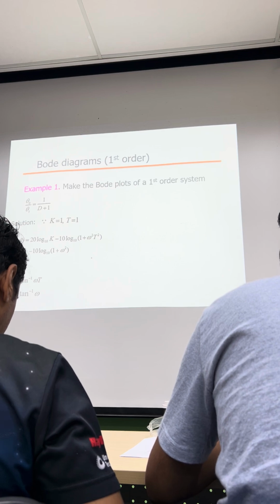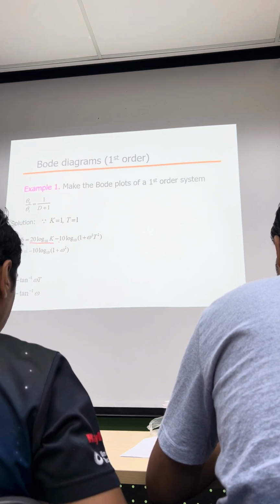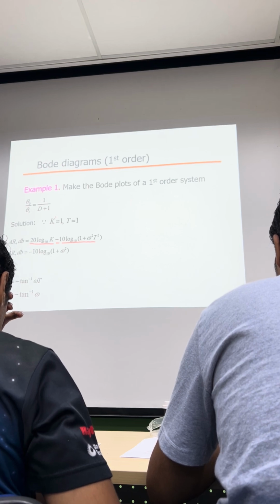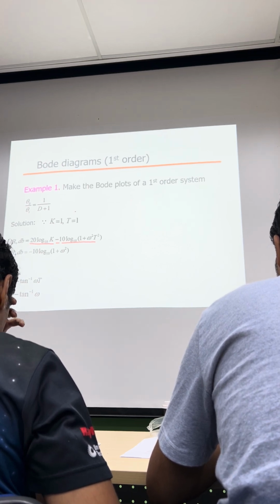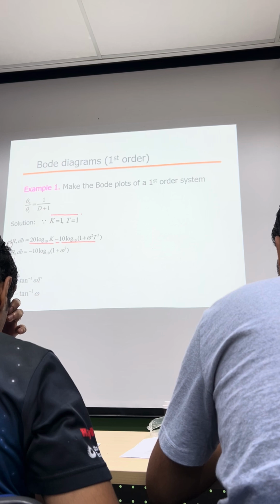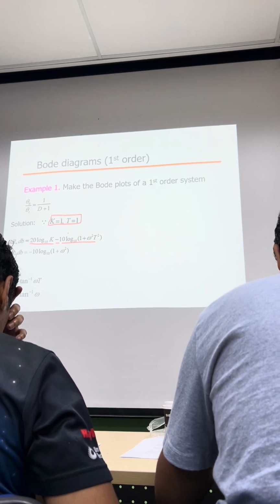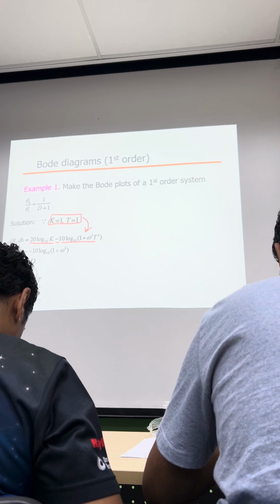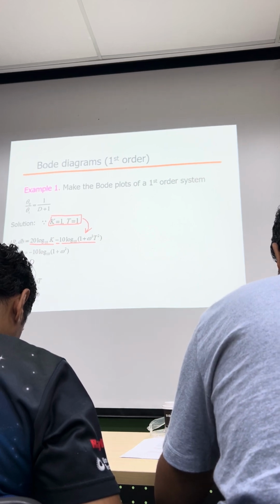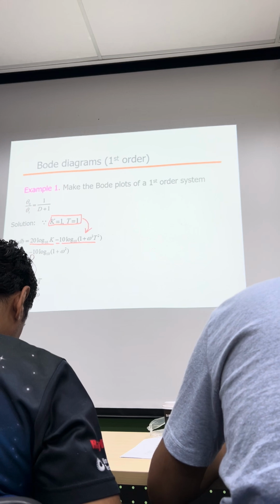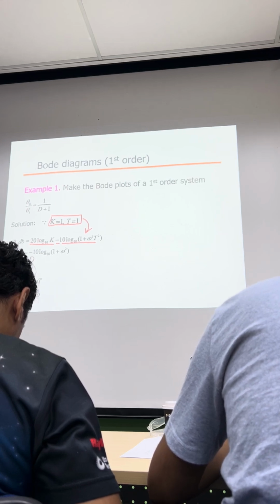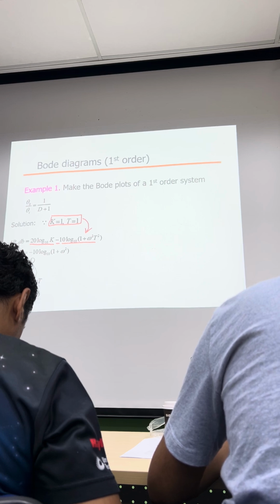Now if you look here, yes, 20 log K minus 10 log of this. Then when you substitute the values of K and T into this equation, K is 1 and T is 1. Okay, logarithmic of 1 is 0. You can use your calculator to calculate, you can try now.